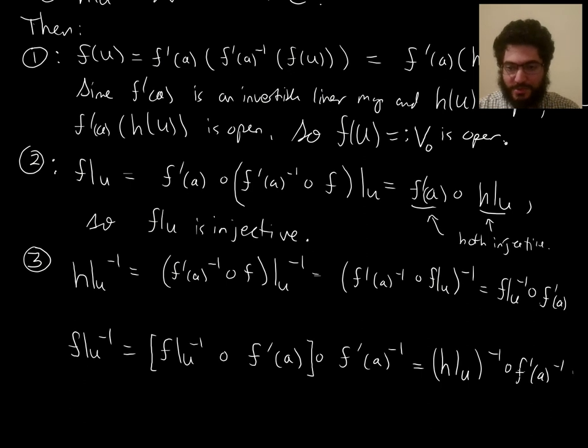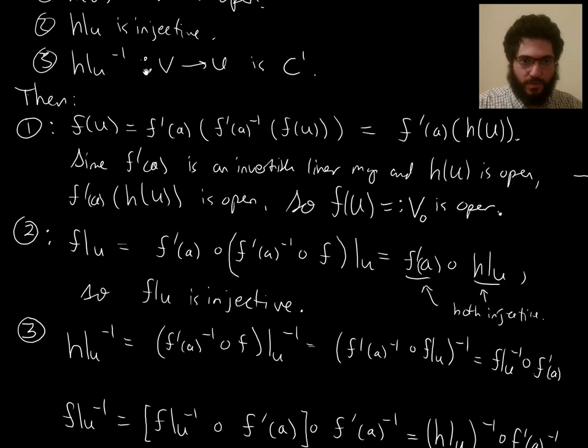This is a C1 function because it is linear. Linear maps are C1, right? They're differentiable, and their derivative is themselves everywhere, so the derivative is actually a constant function. And that's a continuous function. So linear maps are C1. So this is C1, and this is C1 by our assumption 3 up here.